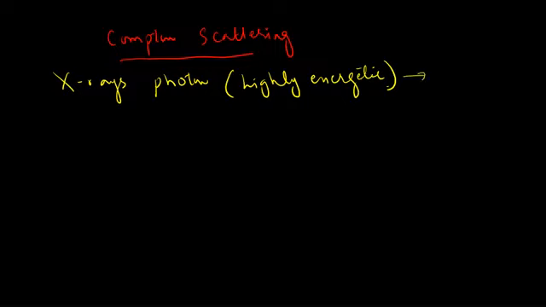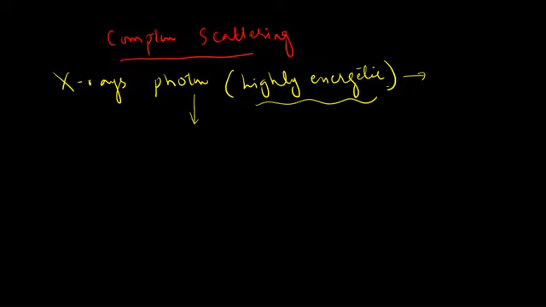It has too much energy, and when it gives the energy to the electron, the electron can easily escape from the atom. The X-ray photons have a very large amount of energy, while the binding energy of an electron is about 10 to 13 electron volts. So these highly energetic X-ray photons can easily knock out the electron from the atom.